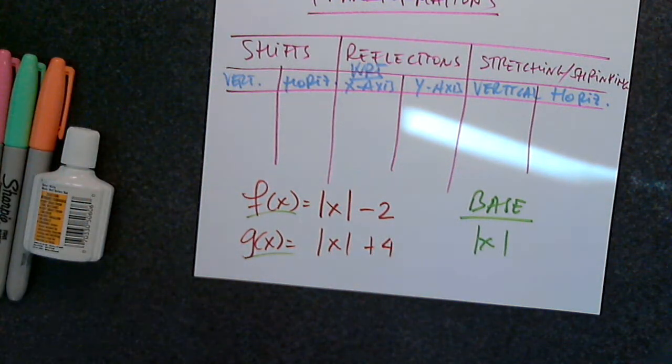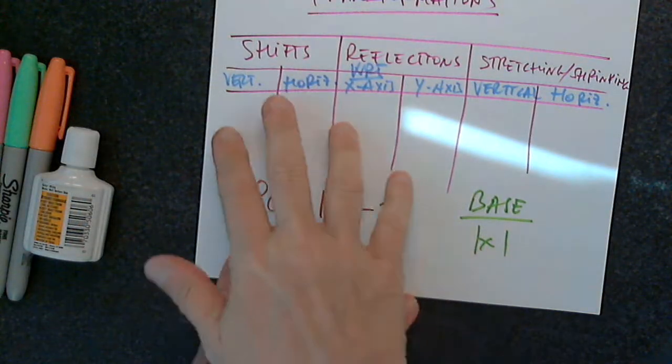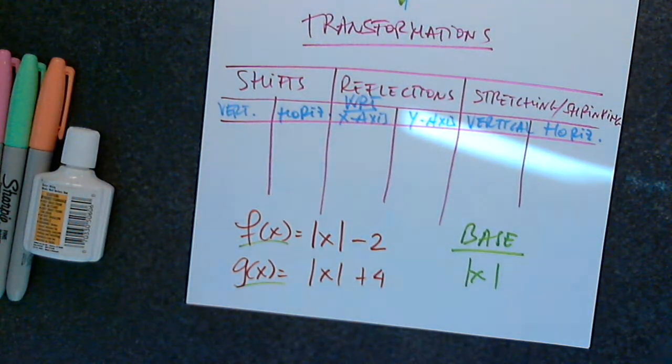My next question to myself is this. As you've noticed here, there are also 2 major groups. One group of transformations is a change in x. Every time I change x, I have to be on the horizontal axis, something happens left and right.